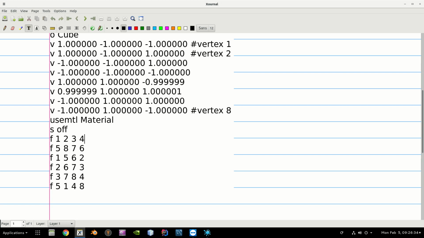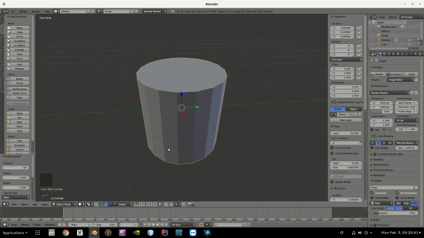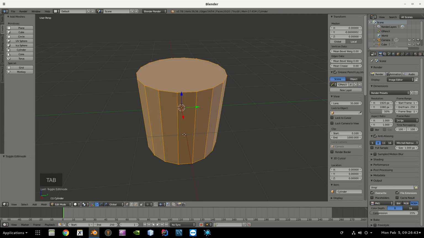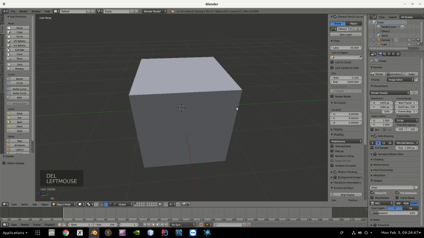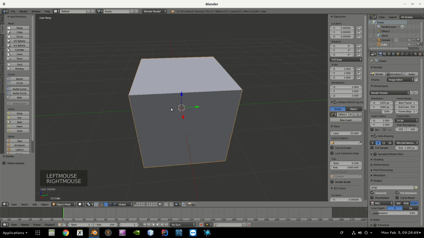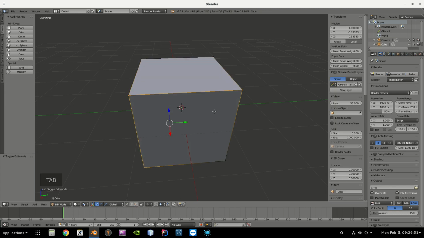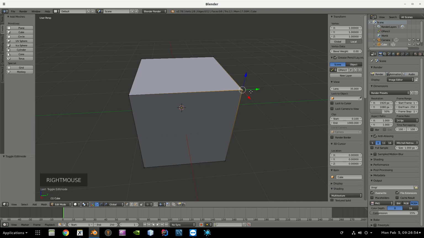And interestingly, things will change automatically. Let me try this out. Let me delete this and let us go back to this cube. Like I said, if you go into the edit mode, it lets you change the geometry of the object. So I can select each of these edges and drag them along to change the geometry.